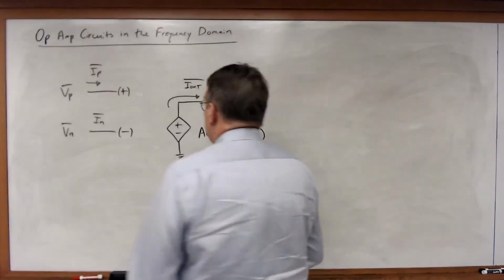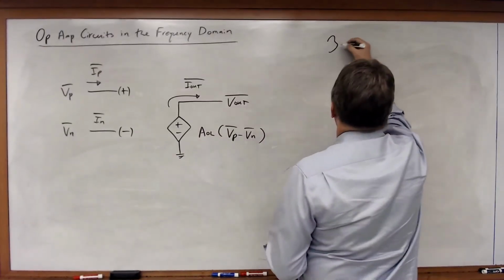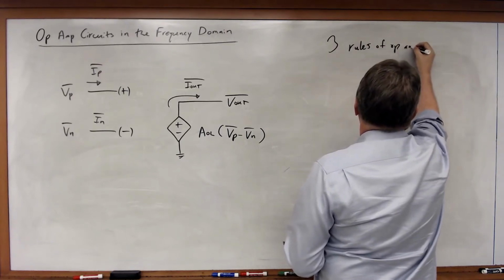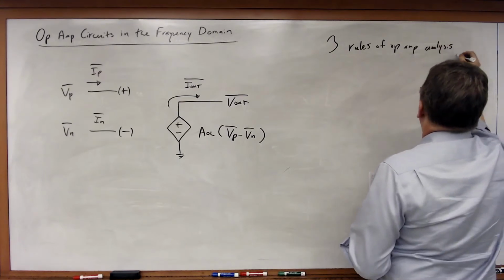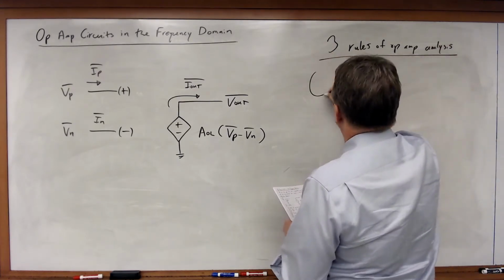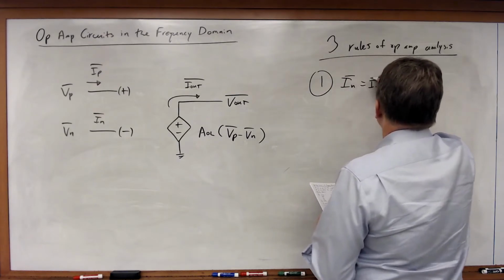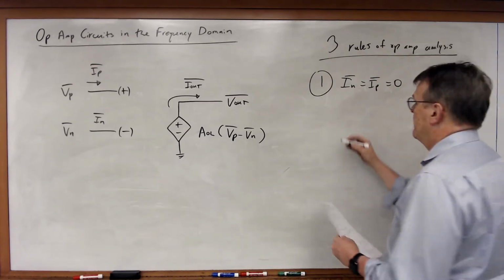So in this case, that means that the three rules still hold. Just as we saw before, first of all, In is equal to Ip is equal to 0 for the ideal op-amp.